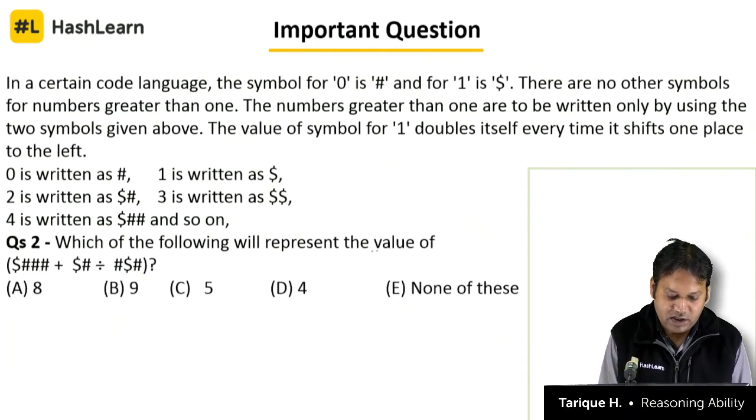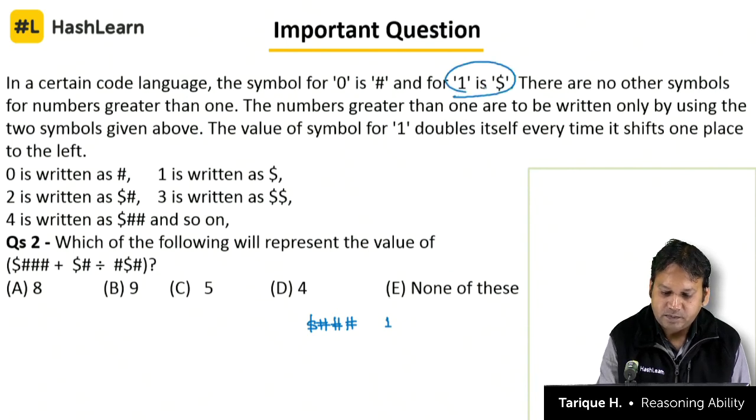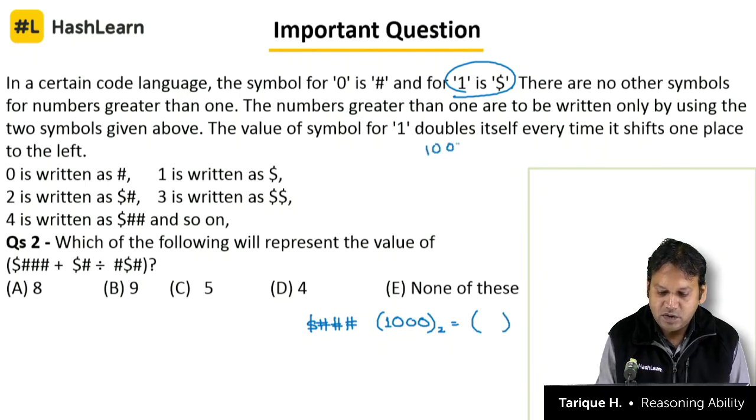Now which of the following will represent the value of this operation? So let's do it. Dollar hash hash hash is nothing but 1000, because dollar is 1 and the rest are 0s. When you convert this binary into decimal, what do you get? 1000, this is 2 power 0, 2 power 1, 2 power 2, 2 power 3.